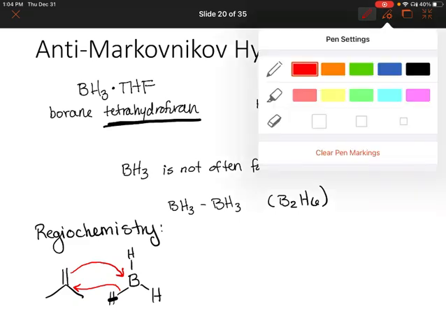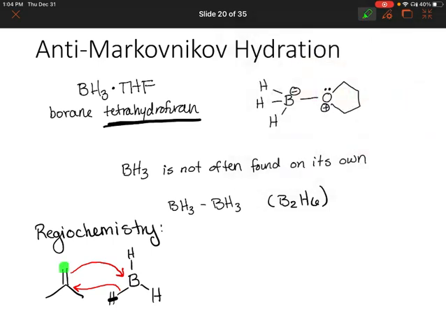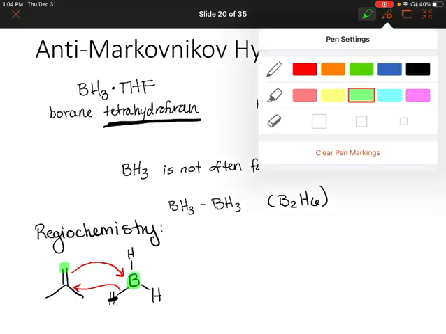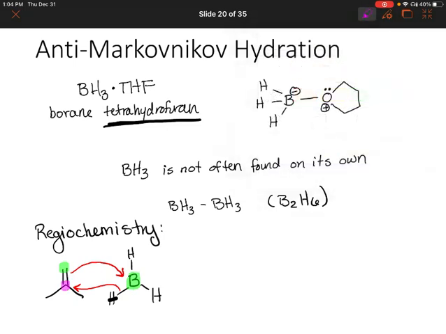So what's really cool here is the less substituted carbon ends up bonding with boron, and then the more substituted carbon ends up bonding with hydrogen. Now, this is a really long mechanism, so I'm not showing all of the components that happen here.